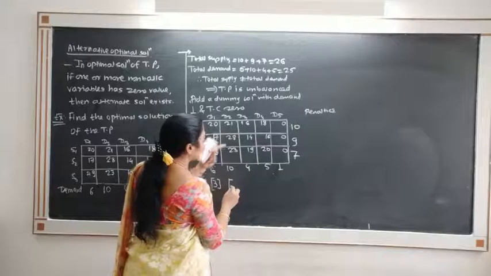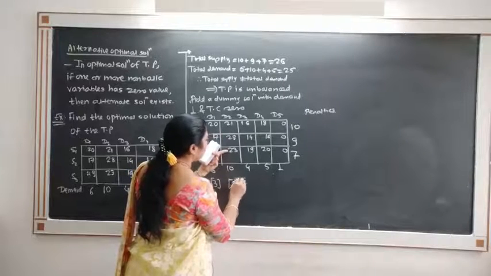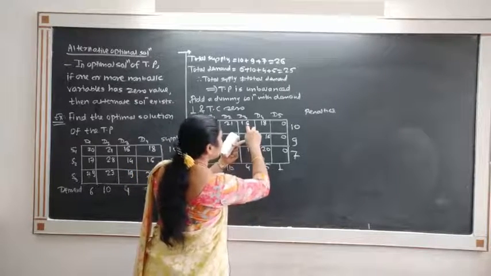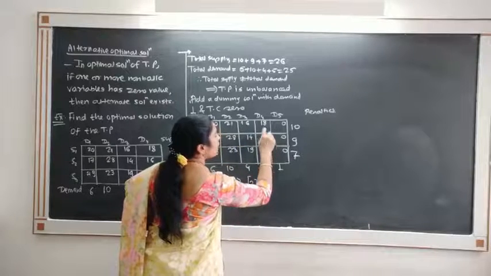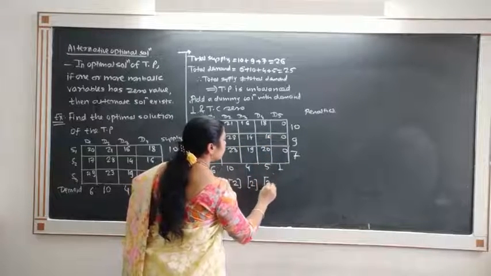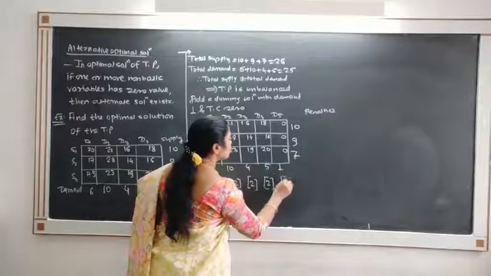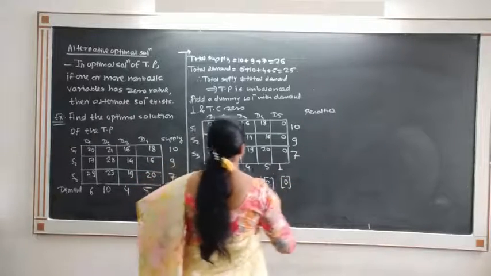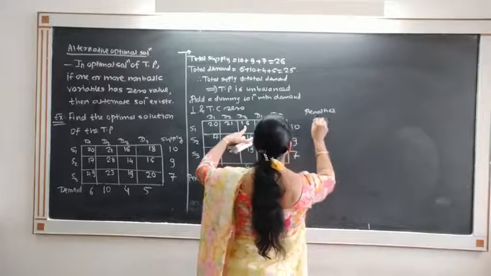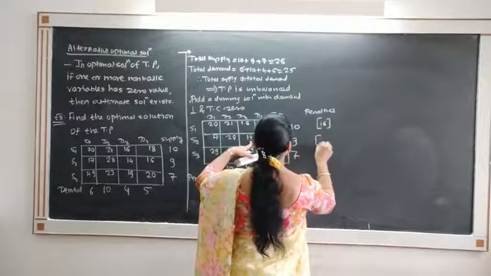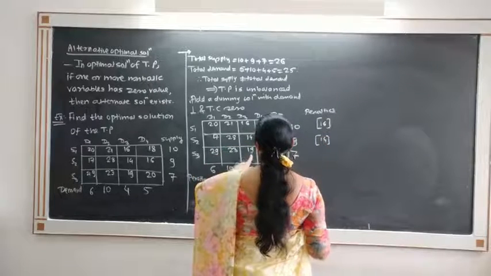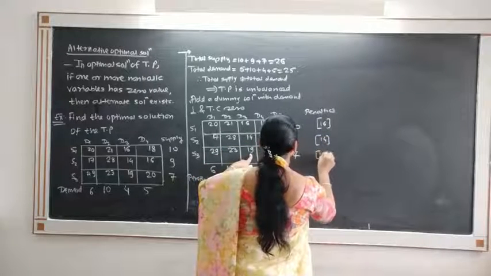Difference between 21 and 23, 2. 16 minus 14, 2. 18 minus 16, 2. 0 minus 0, 0. 16 minus 0, 16. 14 minus 0, 14. And 19 minus 0, 19.